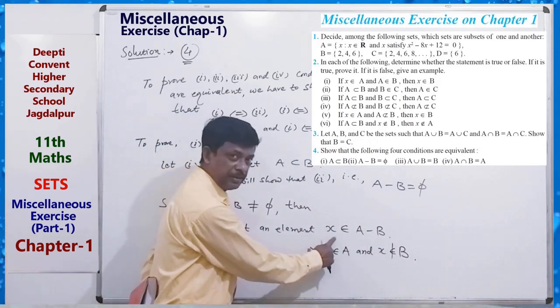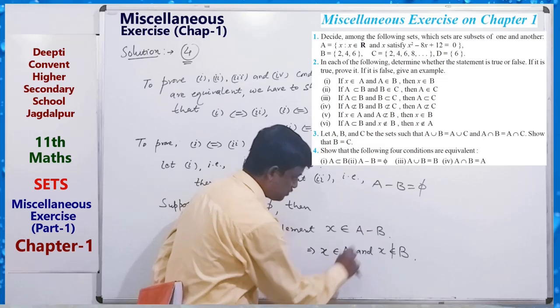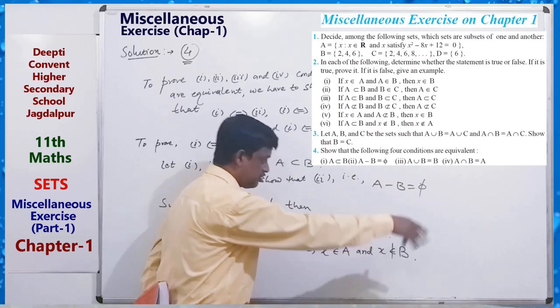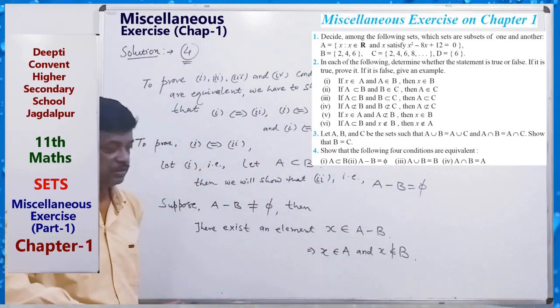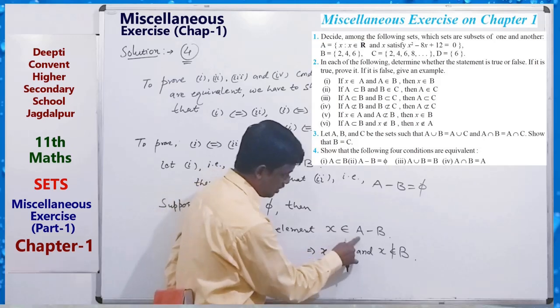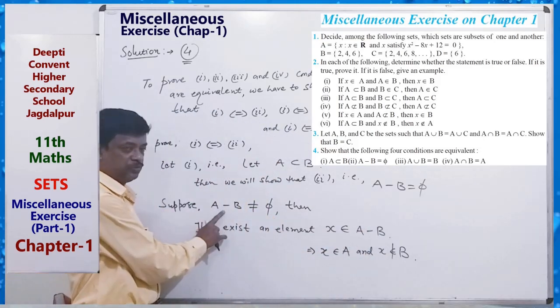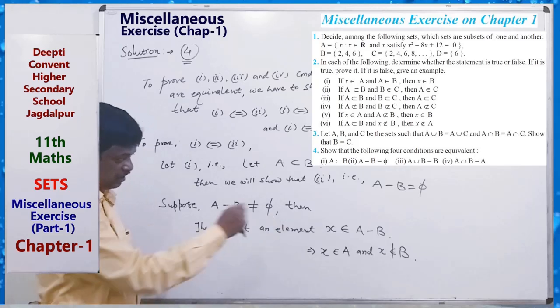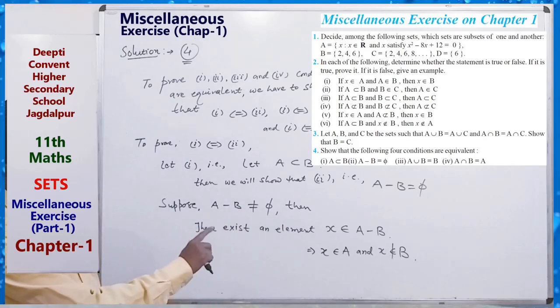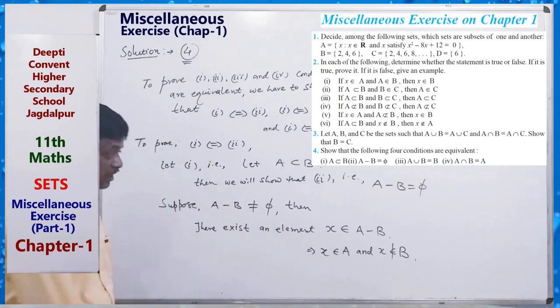A minus B means elements of A but not in B, that is x belongs to A and x does not belong to B.